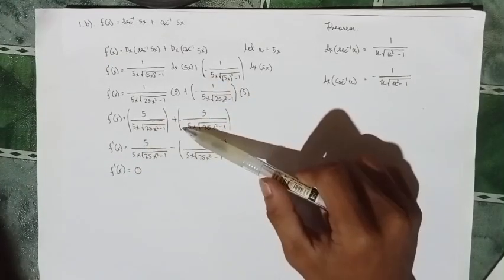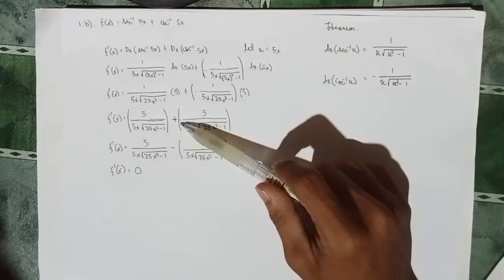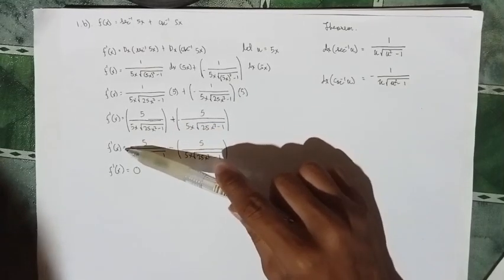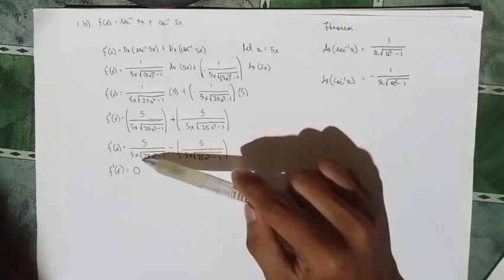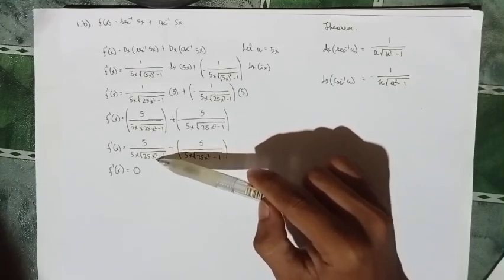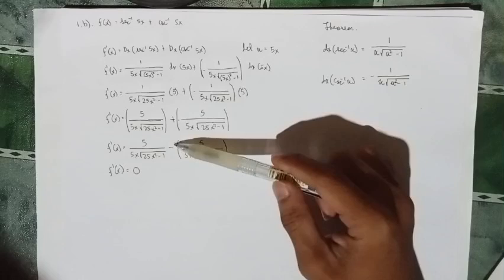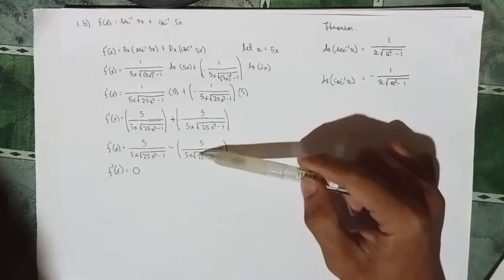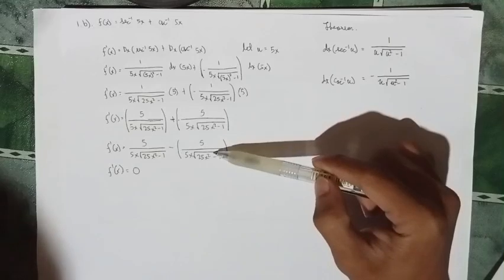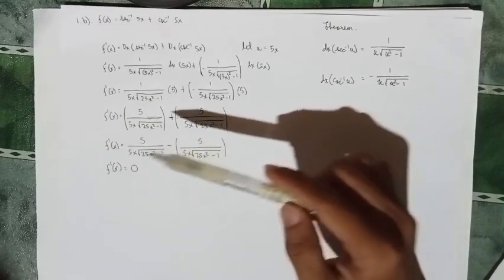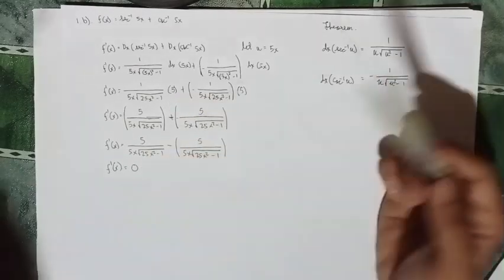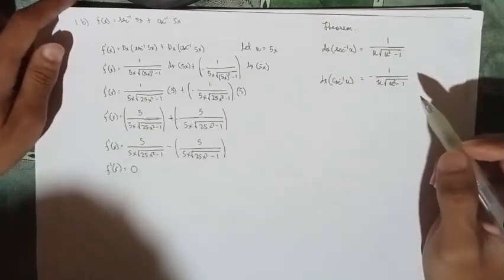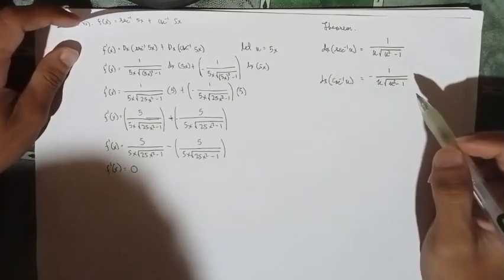Since they have unlike signs, it will be negative, so it is equal to 5 all over 5x square root of 25x squared minus 1 minus 5 all over 5x square root of 25x squared minus 1. Then it is equal to 0. So let's proceed to the next problem.